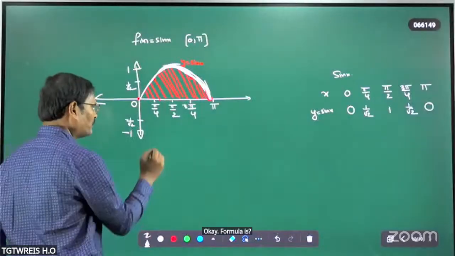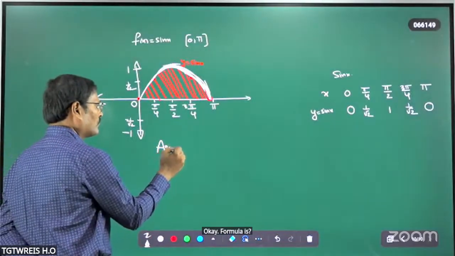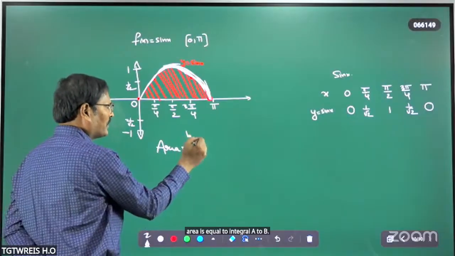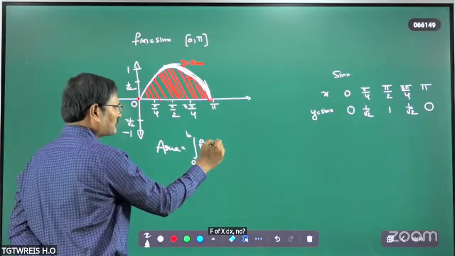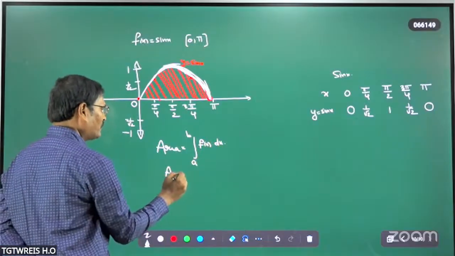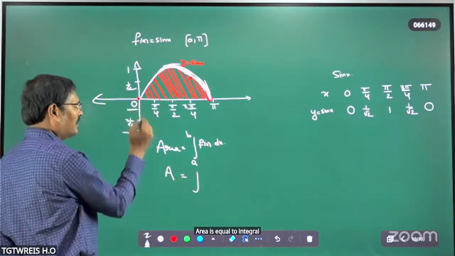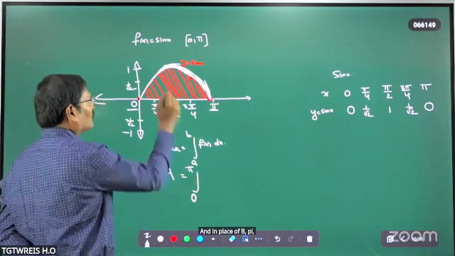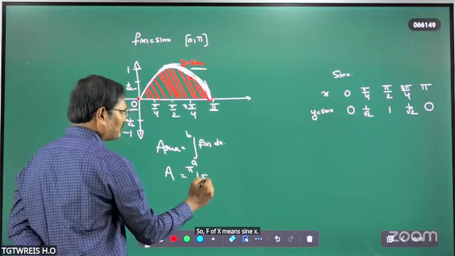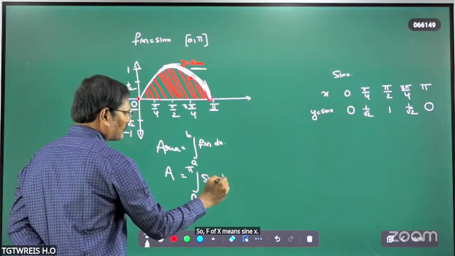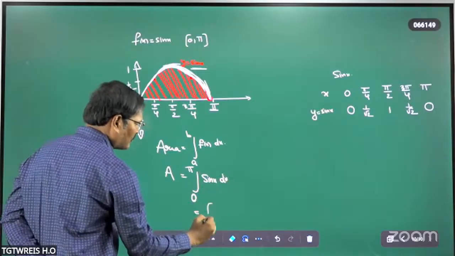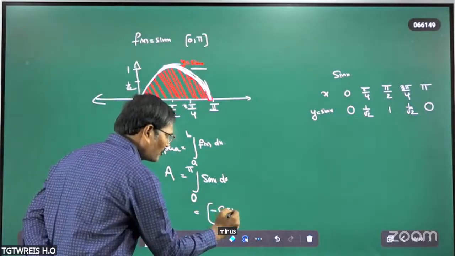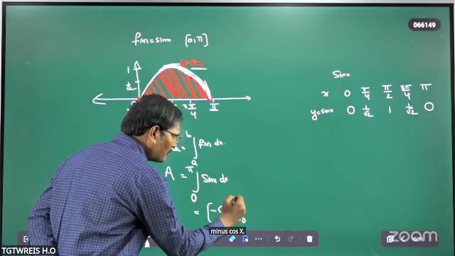The formula is: area is equal to integral a to b f of x dx. Area is equal to integral; in place of a, 0, and in place of b, pi. So f of x means sin x. Sin x dx. Sin x integration is minus cos x, from 0 to pi.